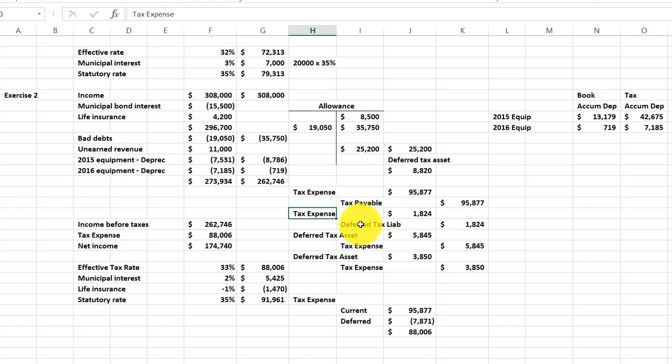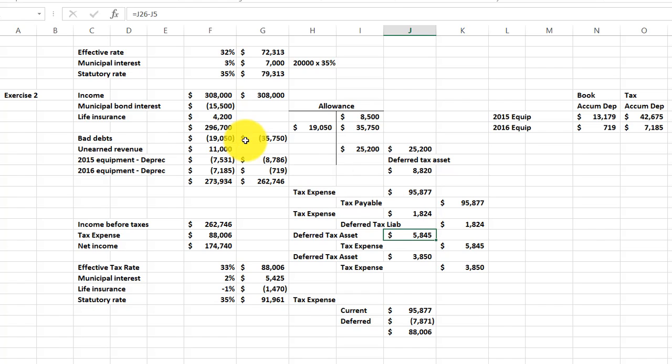We look at our various differences. Let's start with the unearned revenue, do them in the same order we're doing them here. Oh wait, let's do it in a different order. Yeah, all right. We will do the deferred tax asset for the bad debts first, a little bit out of order here.